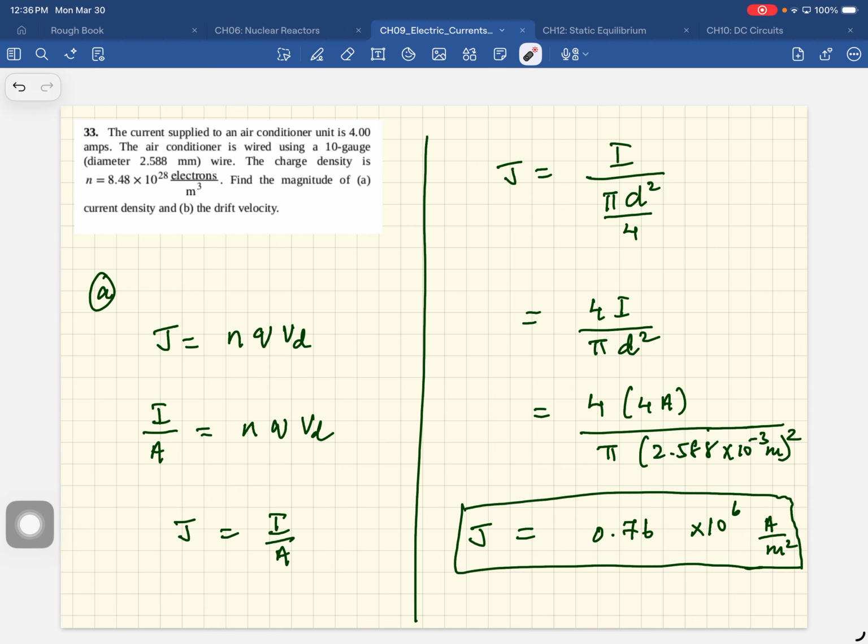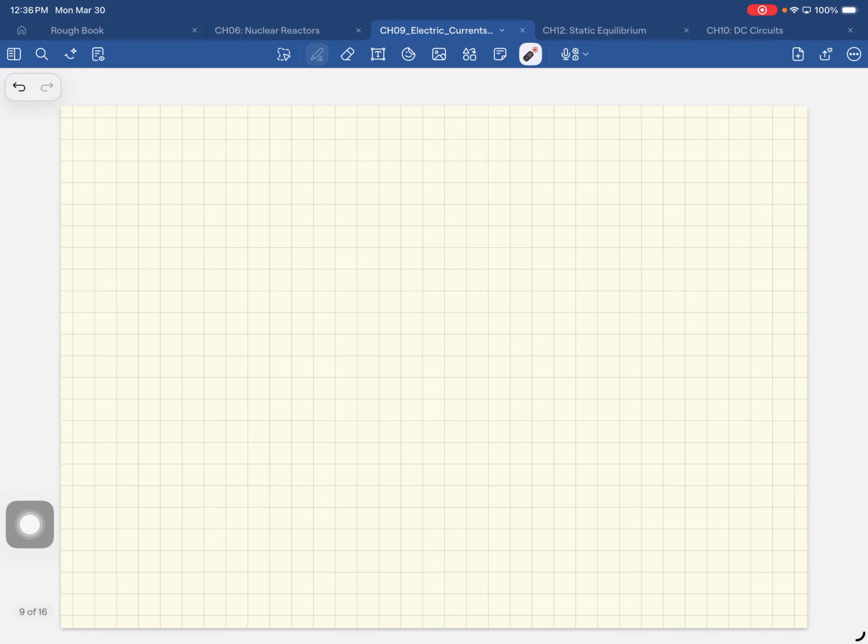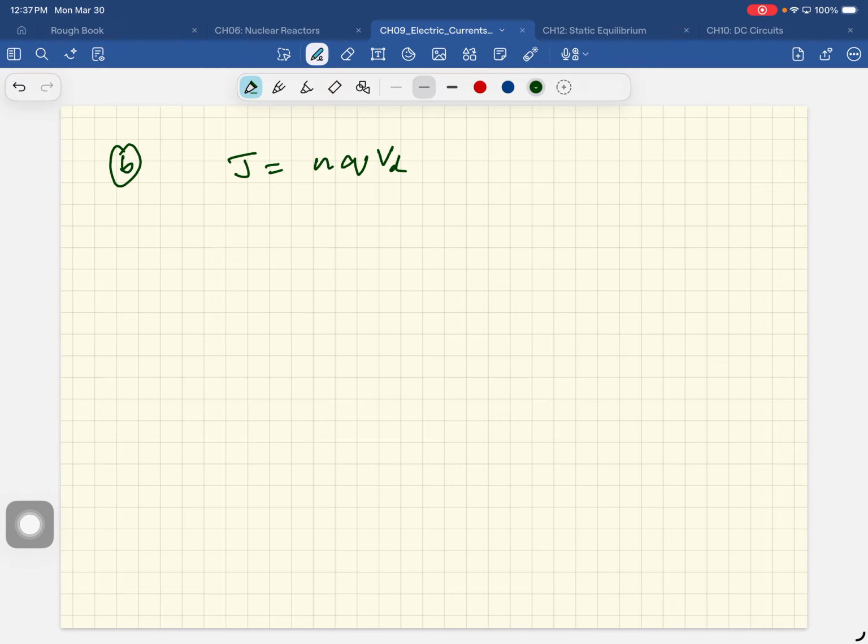Okay. All right. The drift velocity. Now that we have the current density, the drift velocity is the current density divided by the density times the charge. We just found the current density, 0.76 times 10 to the 6 amps per meter square.